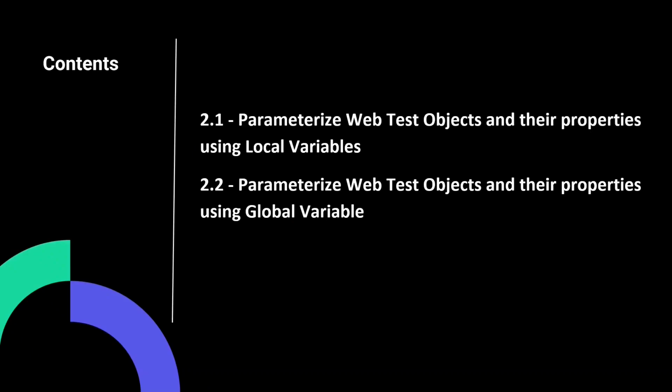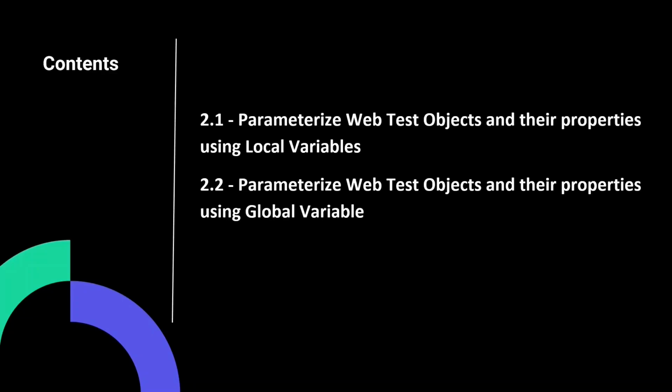As part of section 2 in chapter 2, you will learn how can we parameterize web test objects and their properties using global variables. So let us first understand what is the difference between local variable and global variable. The local variable we have defined at test case level, and you can use that particular variable within the test case.